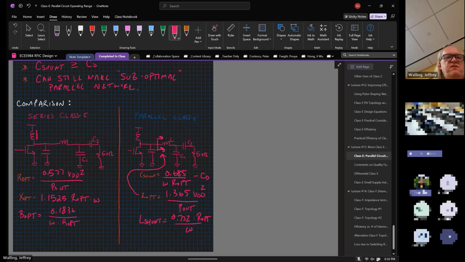He asked if instead of connecting this cap to ground, he connected it to VDD. I think in principle that'll work. I don't see any reason it wouldn't work, but you need to think about that. Why would you want to do that? It looks like an LC tank, so I feel like, what if I connect it to power? So it's just a curious mind.